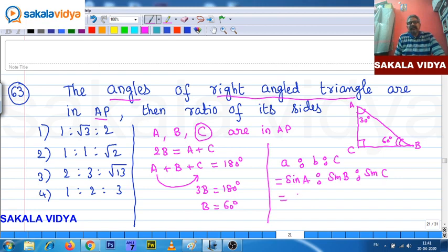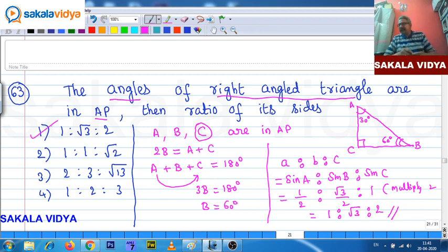A is 30, sin 30 is 1 by 2. Sin B, sin 60, root 3 by 2. Sin C, sin 90 is 1. Multiply with 2. So what do you get now? 1 is to root 3 is to 2. That's all. So the first option is the right option.